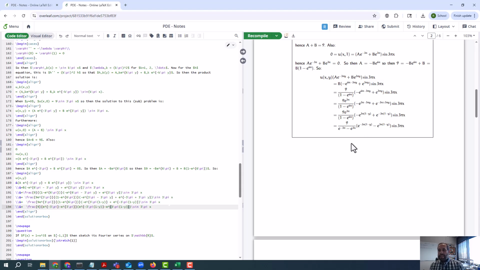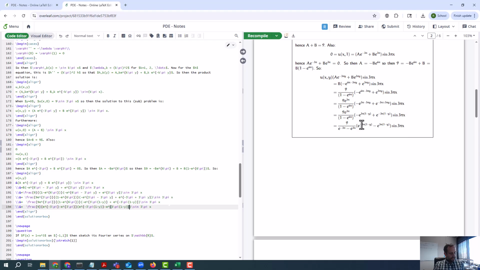Now, notice we sort of have some symmetry here. It's like e to the minus 3 pi 1 minus y, e to the 3 pi 1 minus y, over e to the minus 3 pi, 3 pi. And so here there's a 3 pi times 1. So instead of having a 1, we have a 1 minus y. So these are all very similar to each other.